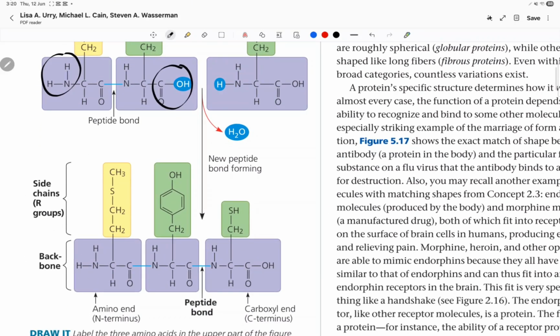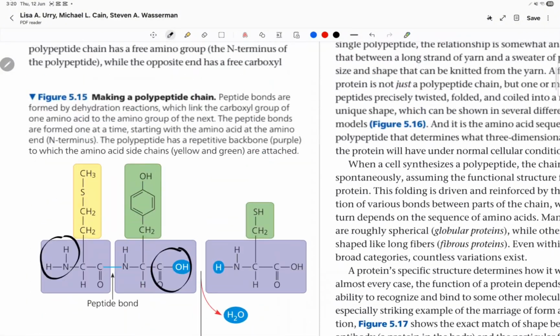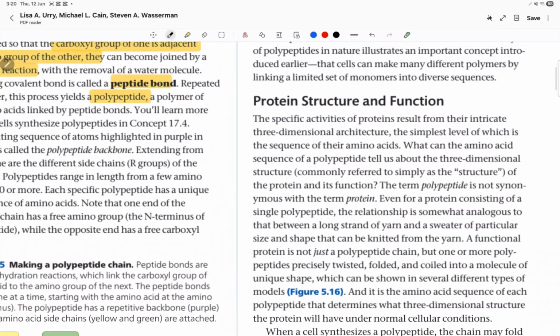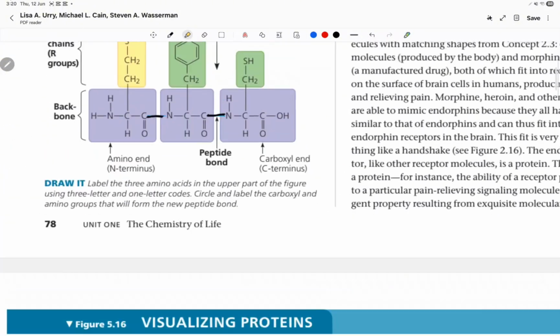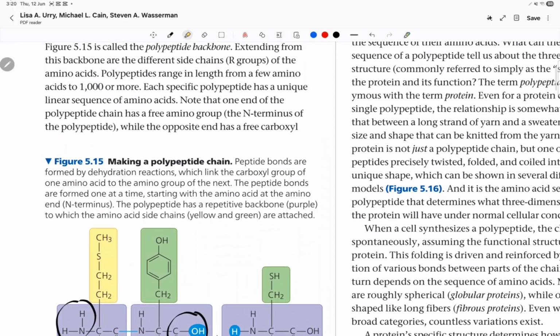You get water in the process, you get a covalent bond, which is also called a peptide bond. So the carboxyl group ending is called the C terminus, and the amino group ending is called the N terminus.